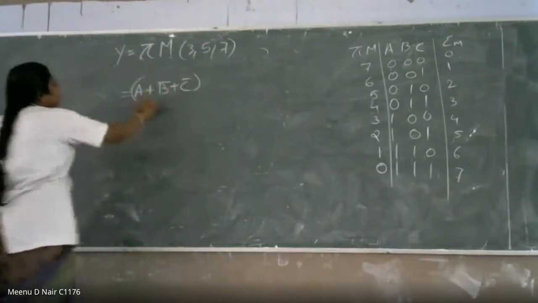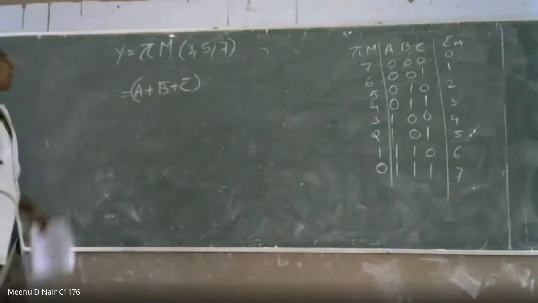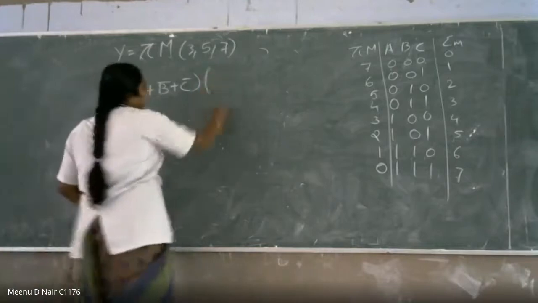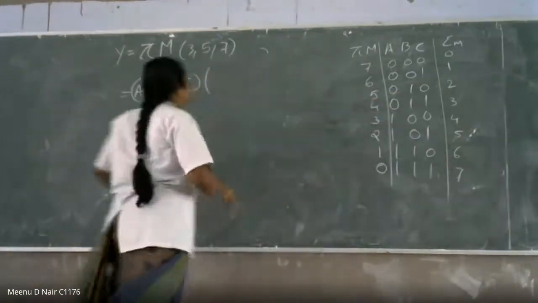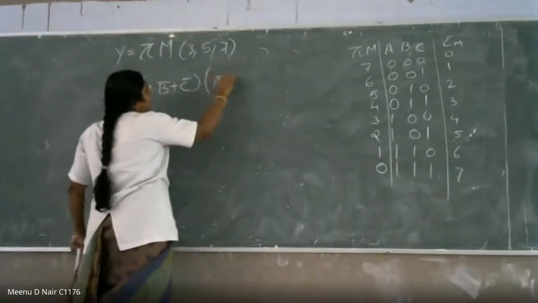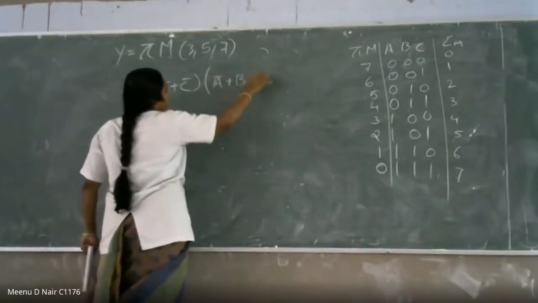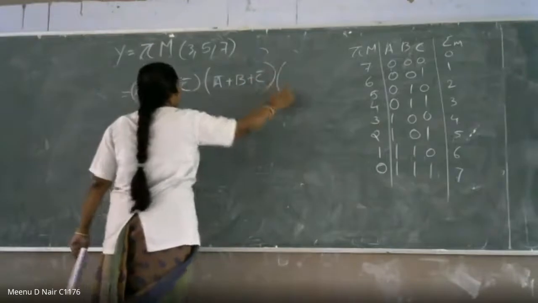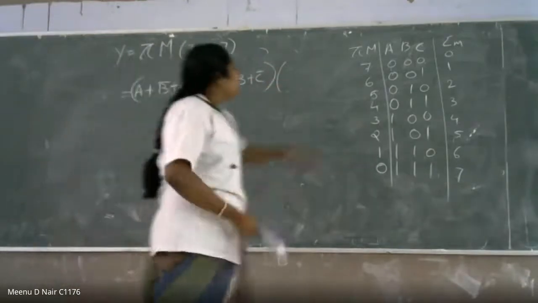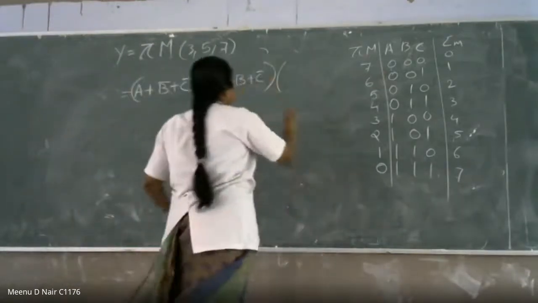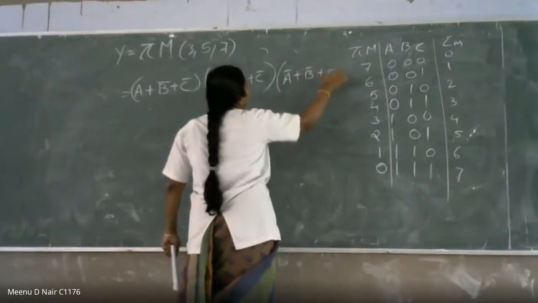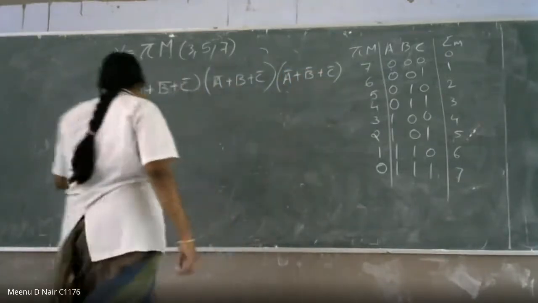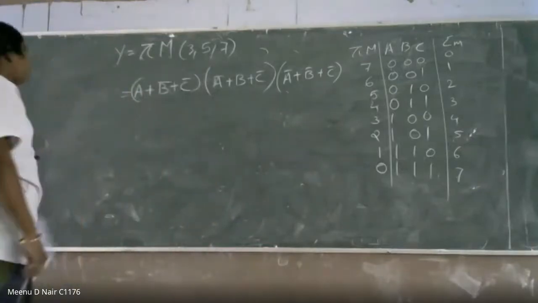Now next one is 5. 5 is equal to 010, so this is A bar plus B plus C bar. Then 7 is equal to 000, so that is nothing but A bar plus B bar plus C bar.